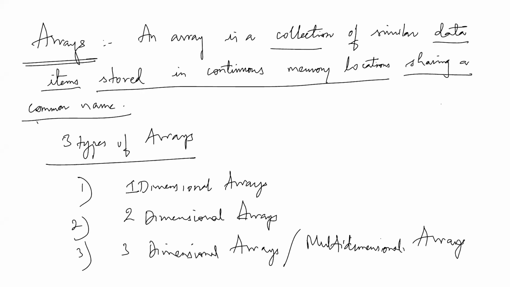If the data is not arranged in continuous memory locations, and it maintains a parent-child relationship between the data, then those data structures are known as non-linear data structures.